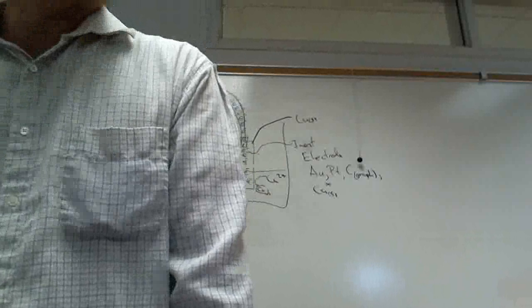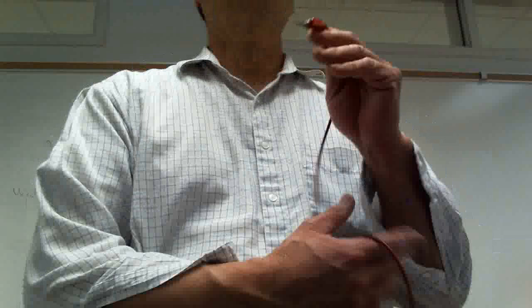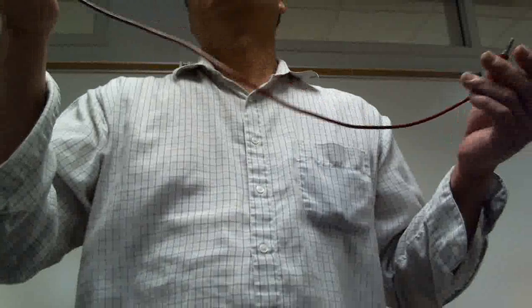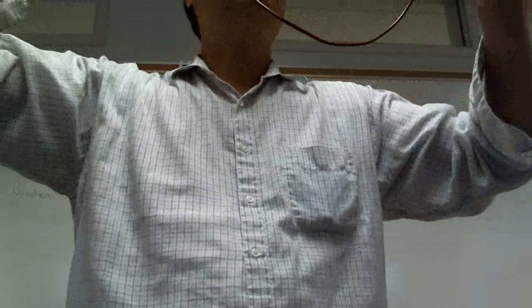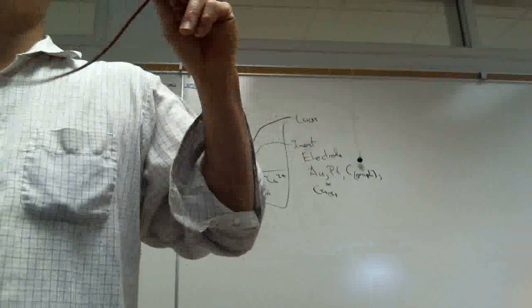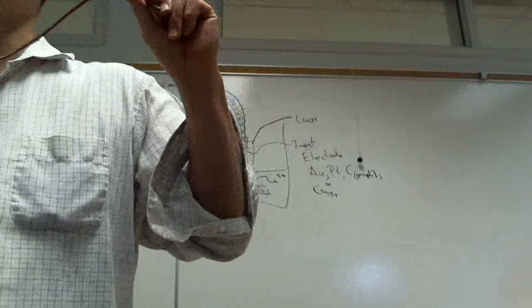And so what you're going to do is pluck off the two alligator clips, then pluck off one alligator clip and make a jumper wire. With the jumper wire, connect the two electrodes directly. With a jumper wire, there should be nothing blocking the flow of electrons, right?